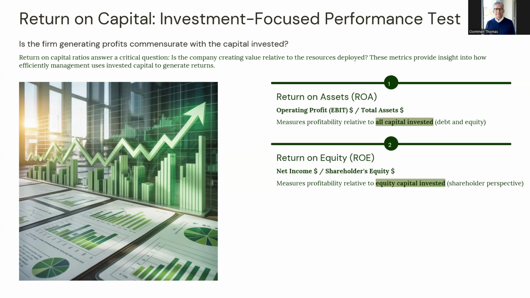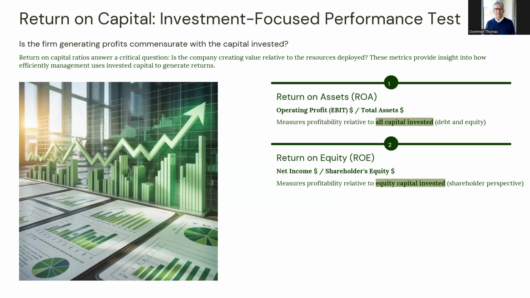And because it takes capital and assets to finance these assets, analysts are interested to know how the amount of profits generated compares to the assets deployed or the financing employed. The two well-known ratios that are utilized to do that are called the return on assets and the return on equity.